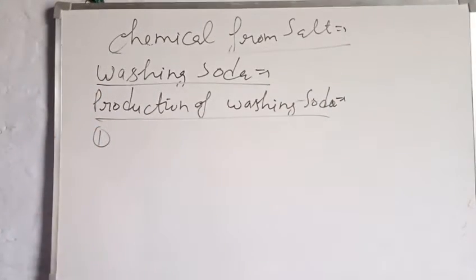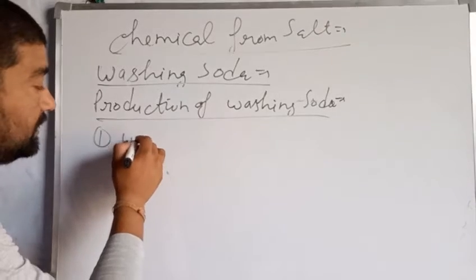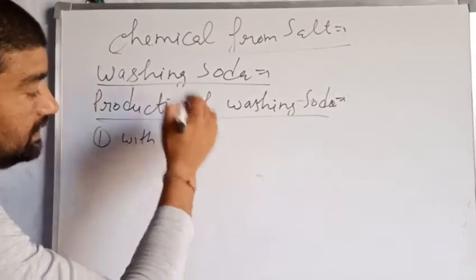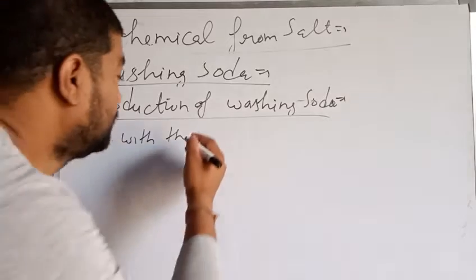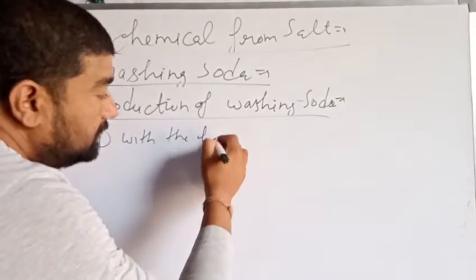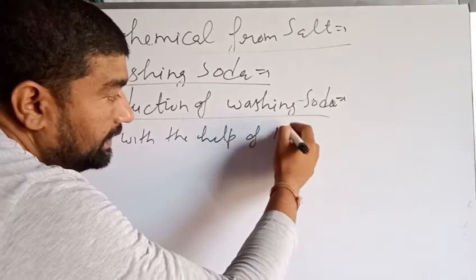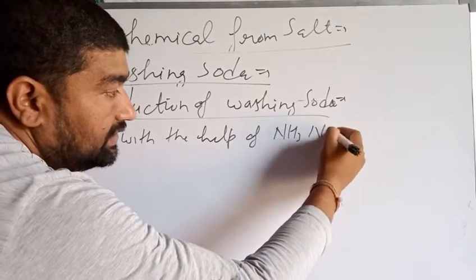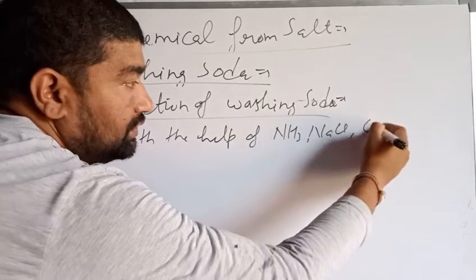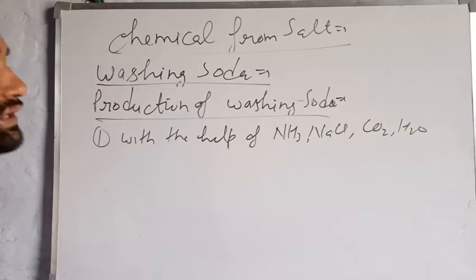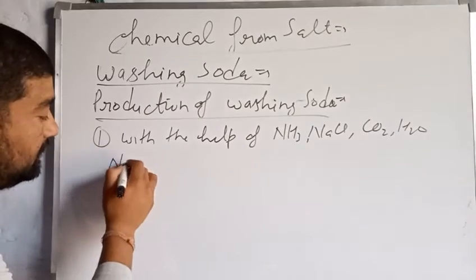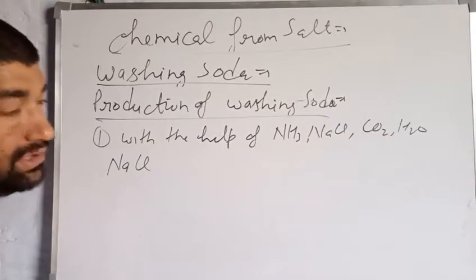The first step is with the reactants: sodium chloride, ammonia, water, and CO2. So we have NH3, NaCl, CO2 and H2O, and we combine all these things.